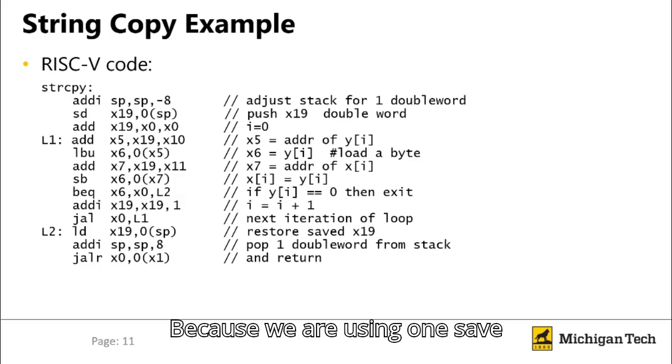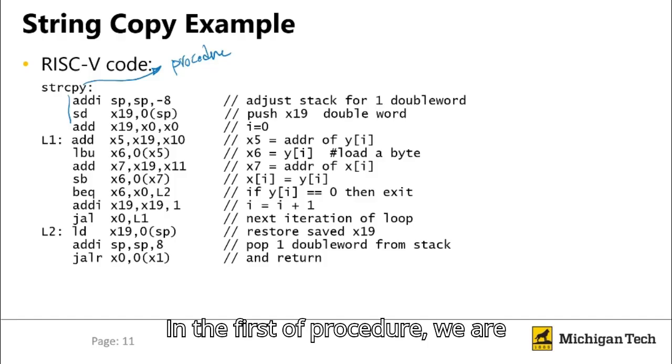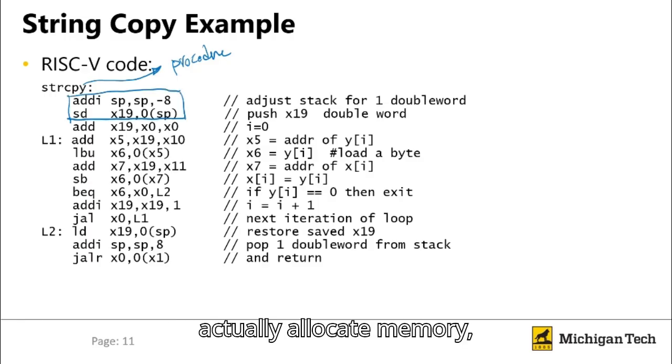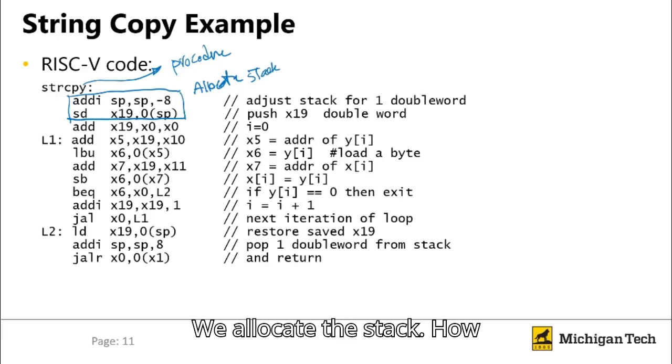Because we are using one save register, we need to preserve that. So at the beginning of the procedure, this is the procedure, in the first of the procedure, we allocate the stack.